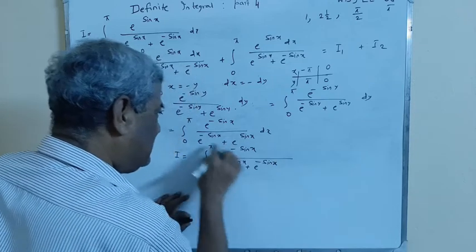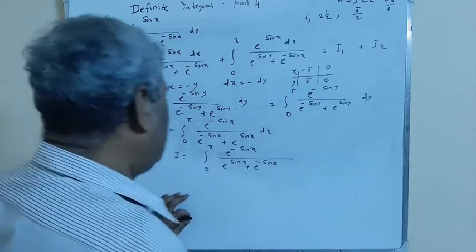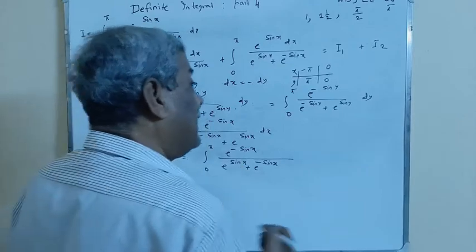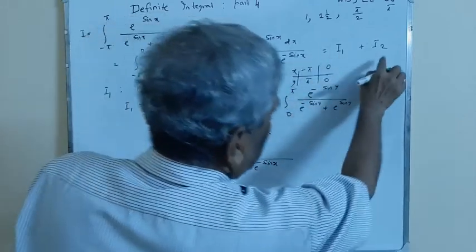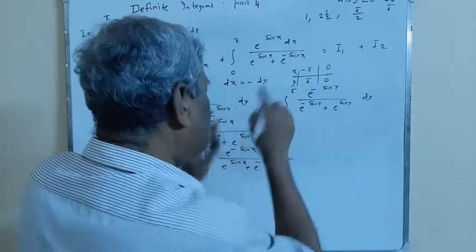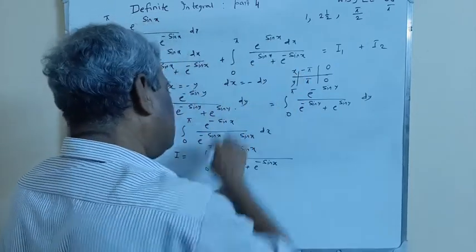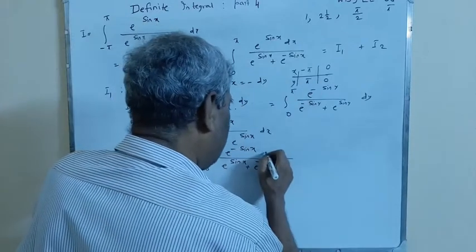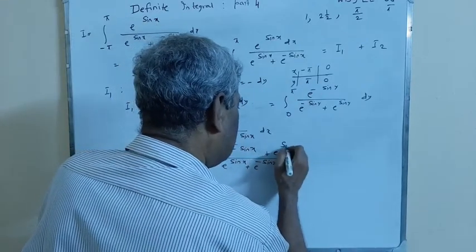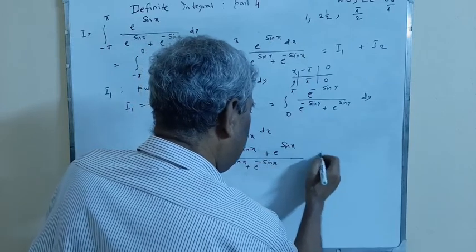I write this here plus this is I1, and I2 is this, that is, its denominator is the same, limits are same. So it is actually e to the power sine x dx.